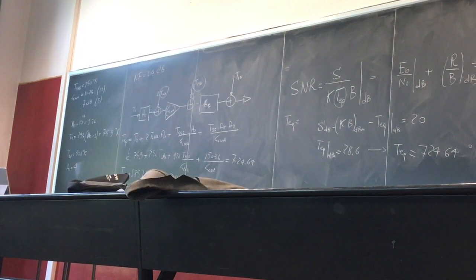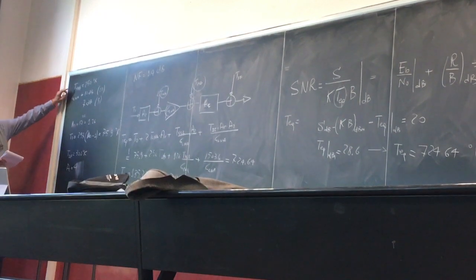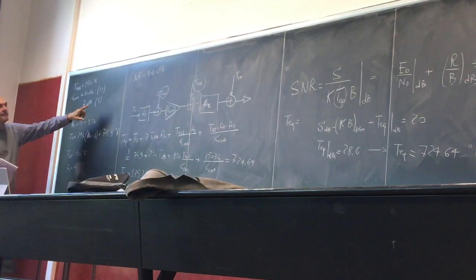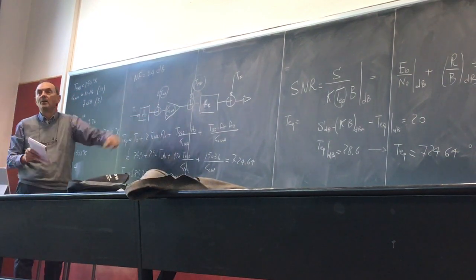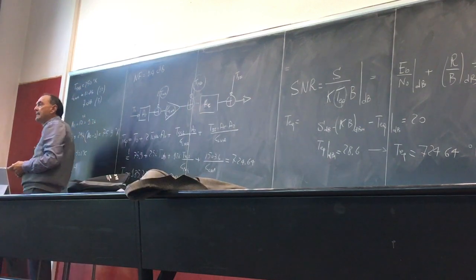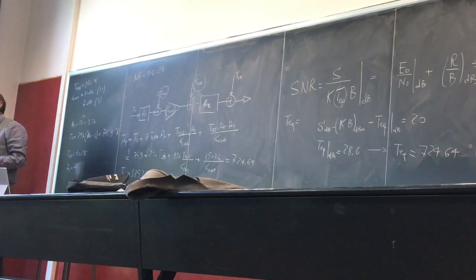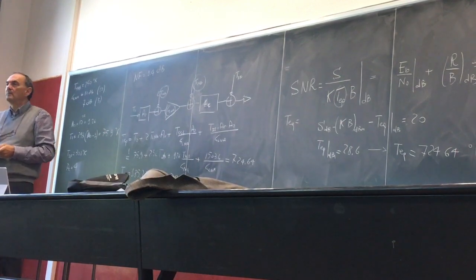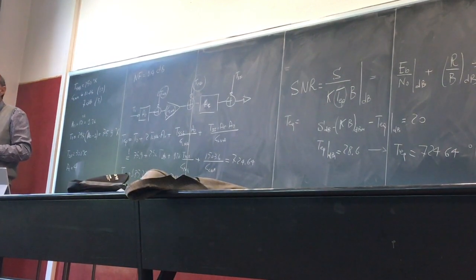And in the end, the set of values that can be selected is TSSB 250, GLNA 7 dB, and noise figure of the low noise amplifier 1.4 dB. Okay? There are some questions on this problem?